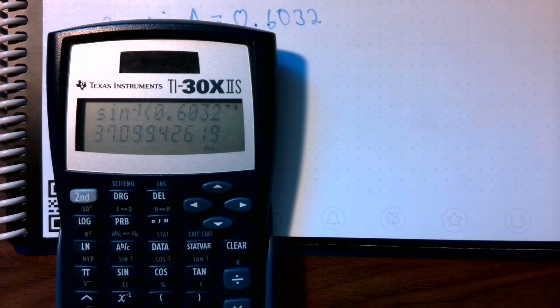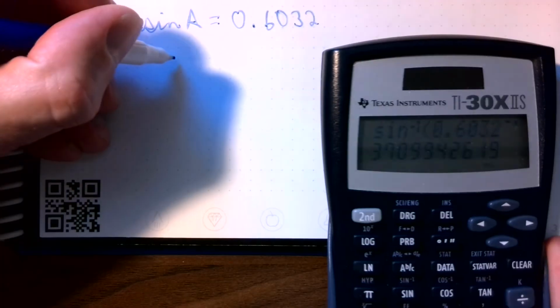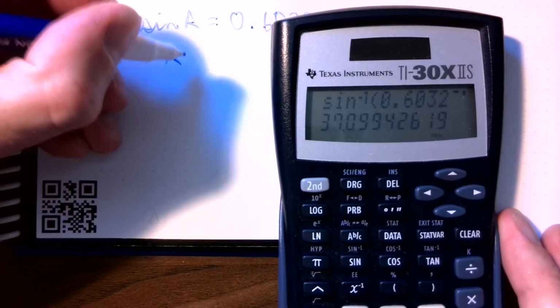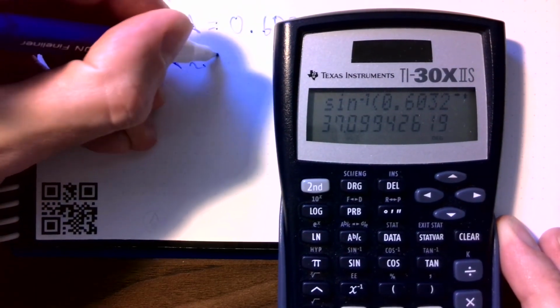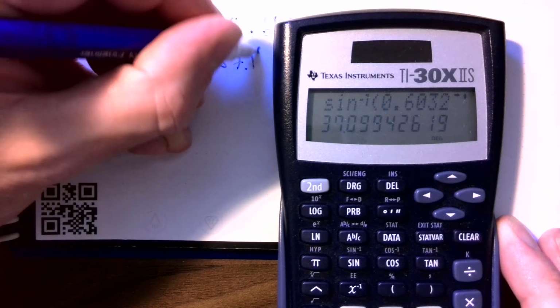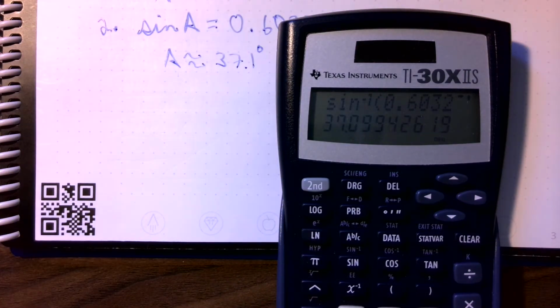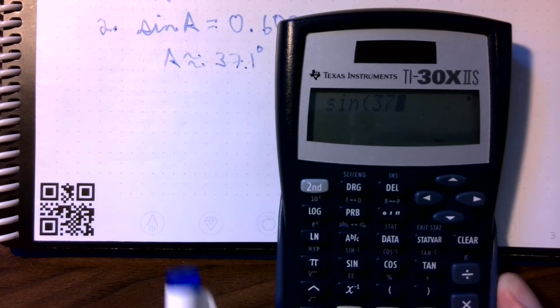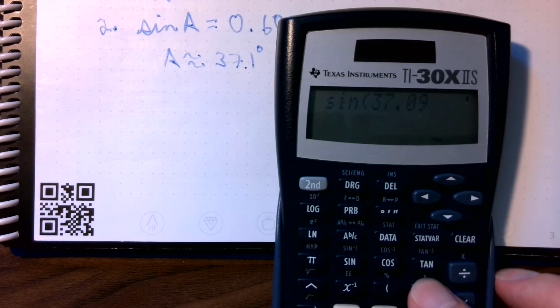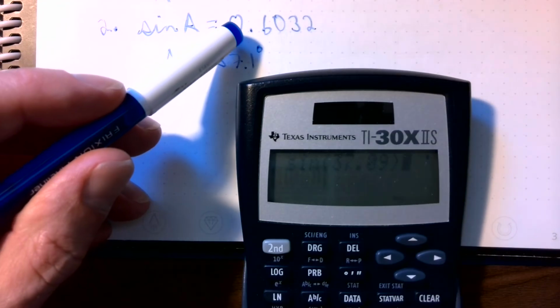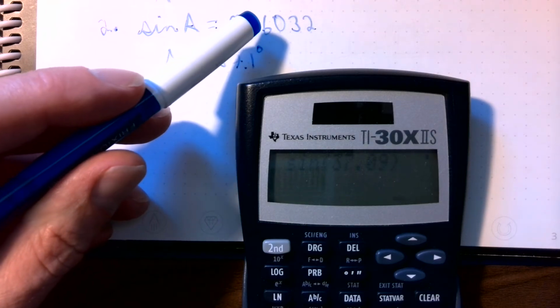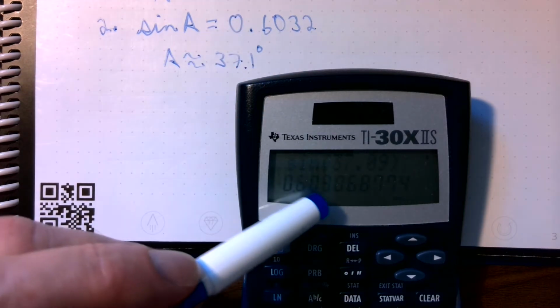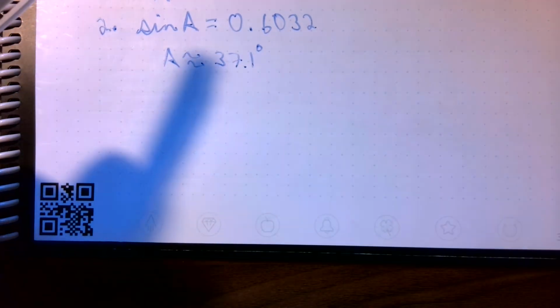It'll do a computation, and it tells me that my angle A is approximately 37.1 degrees. And just to check, if I take the sine of 37.09 degrees, it should give me something pretty darn close to 0.6032, 0.603. Okay, we're pretty good there.